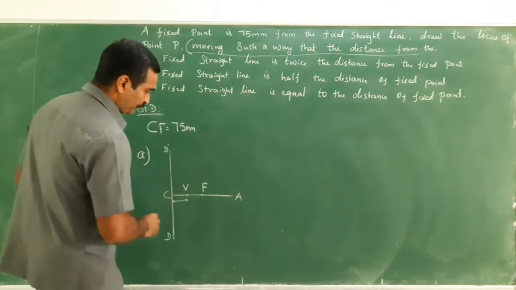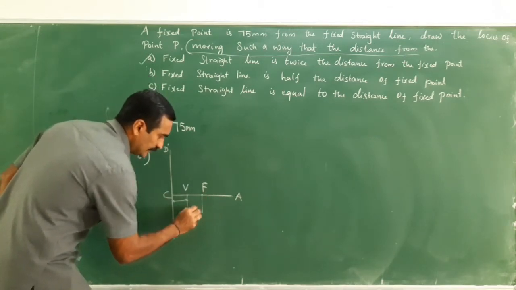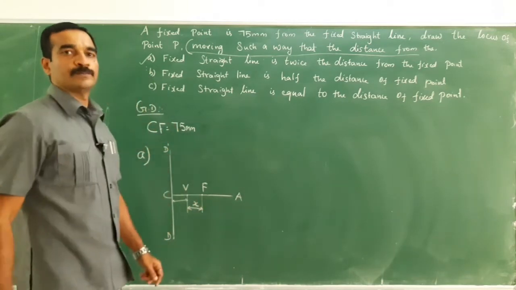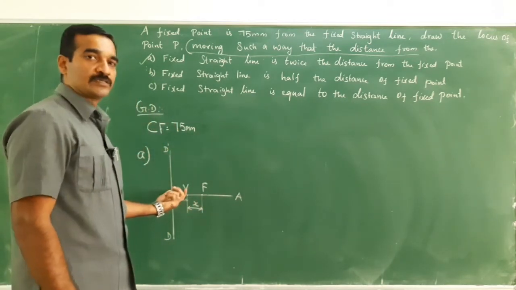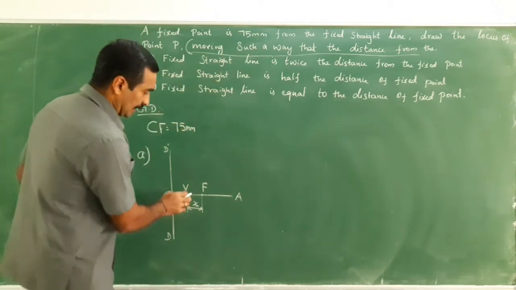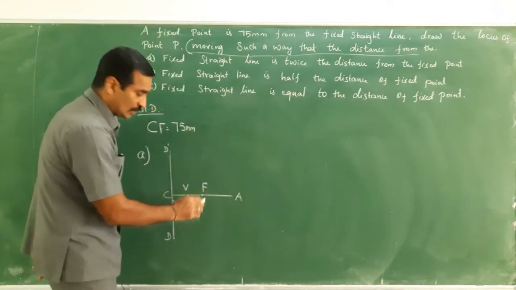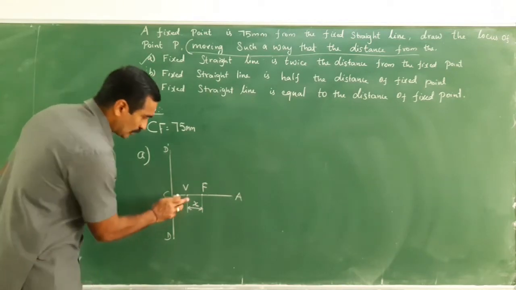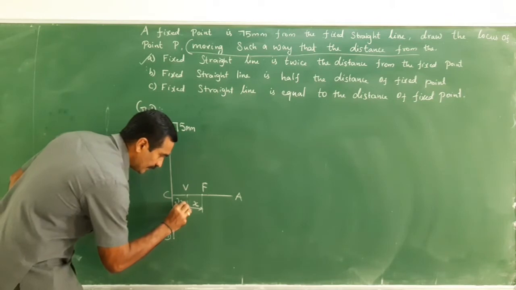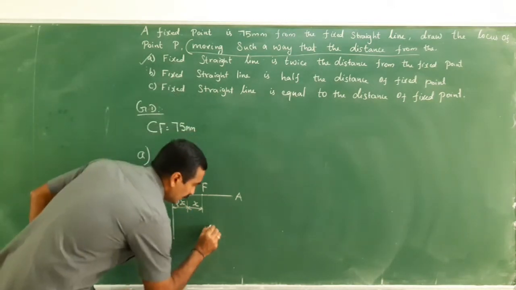So that means if this distance is x, what could be this distance? The distance from the moving point to the fixed straight line is twice the distance of the moving point to the fixed point. So if this is x, naturally this could be 2x.